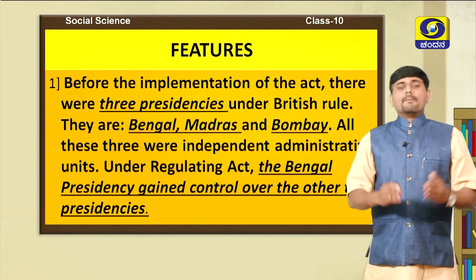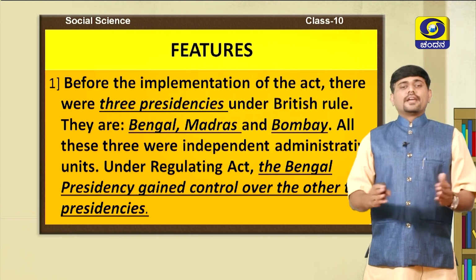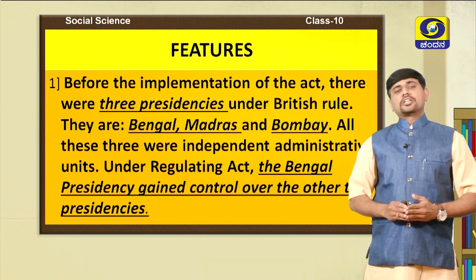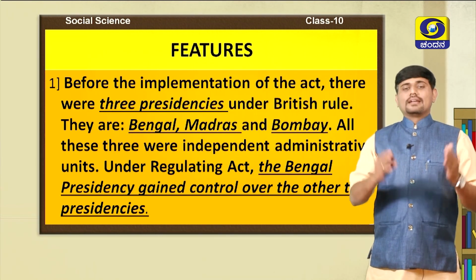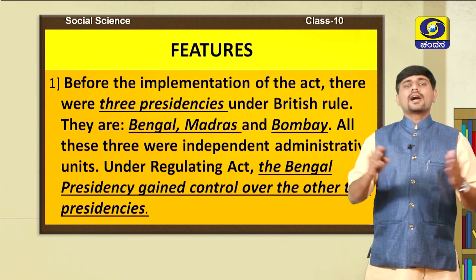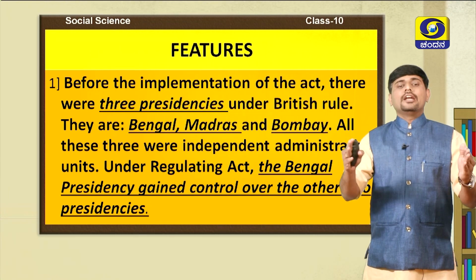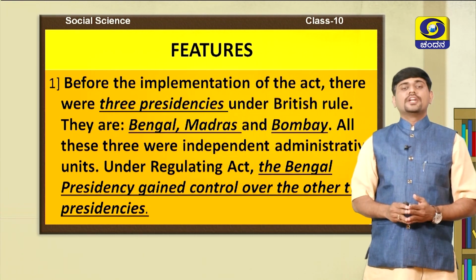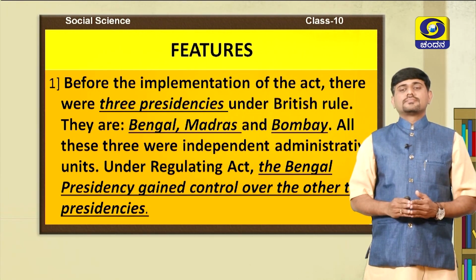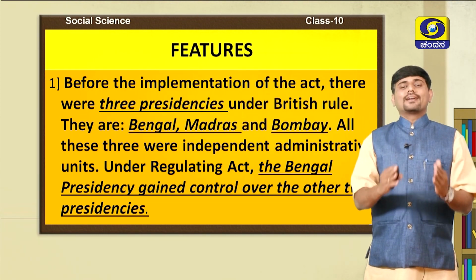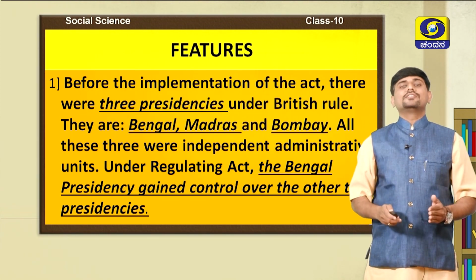The first one: before the implementation of the Act, there were 3 presidencies under the British rule. The 3 presidencies were the Bengal, Madras and Bombay presidencies. All these 3 presidencies were independent administrative units. Under the Regulating Act, the Bengal presidency gained control over the other 2 presidencies of India.